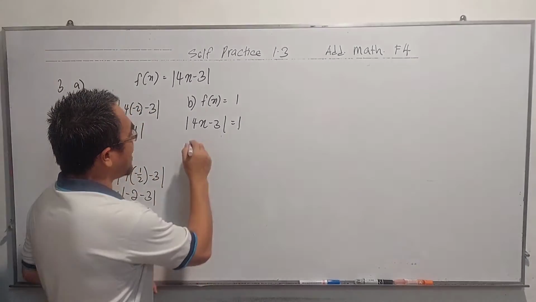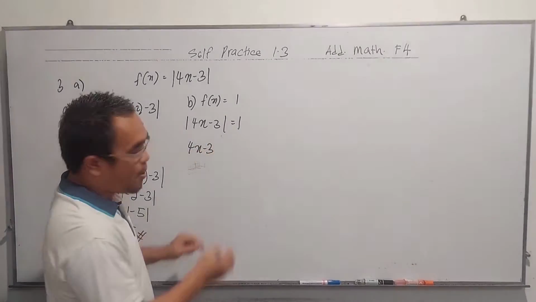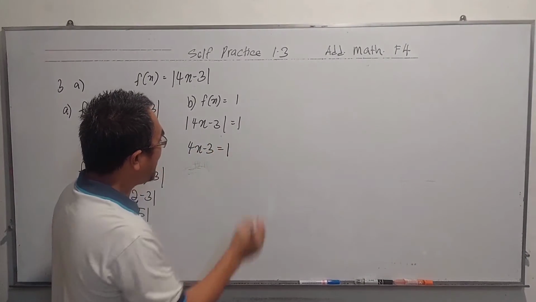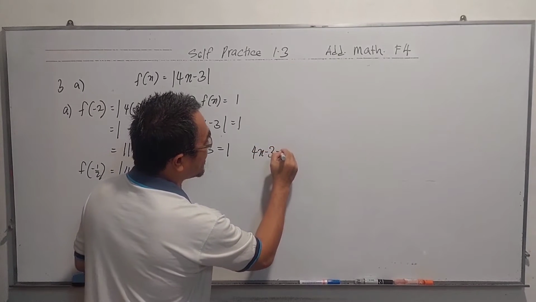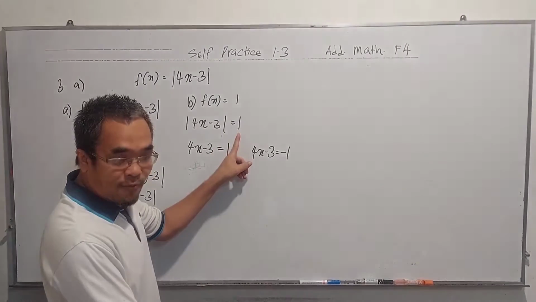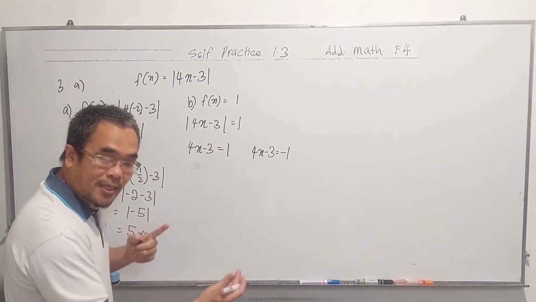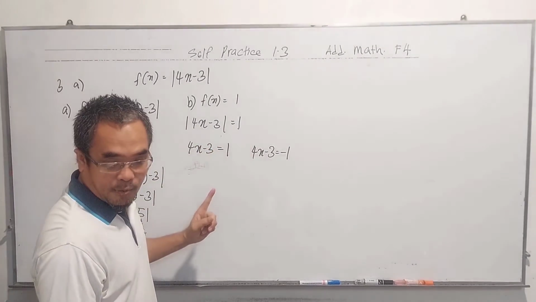You have to write 4x minus 3 without the modulus but equal to 1, and then 4x minus 3 equals negative 1.